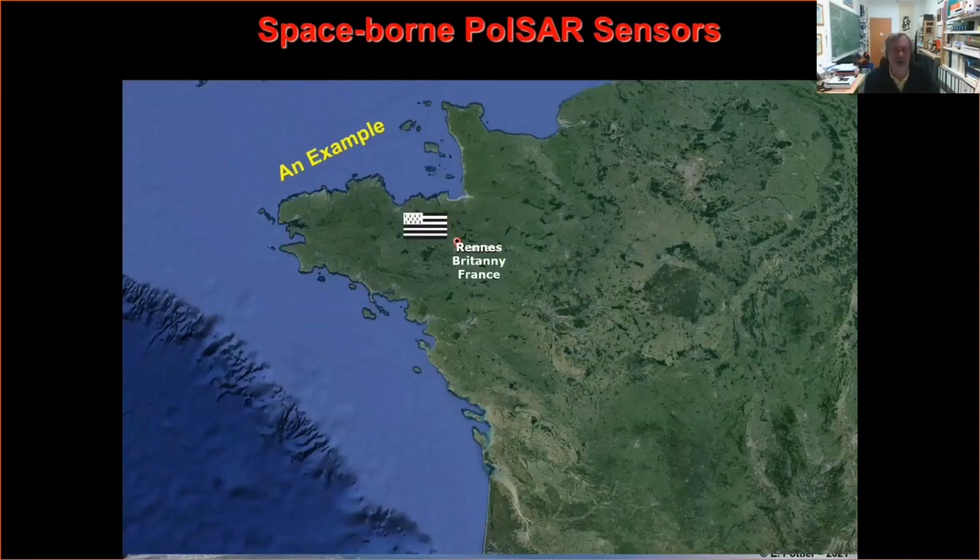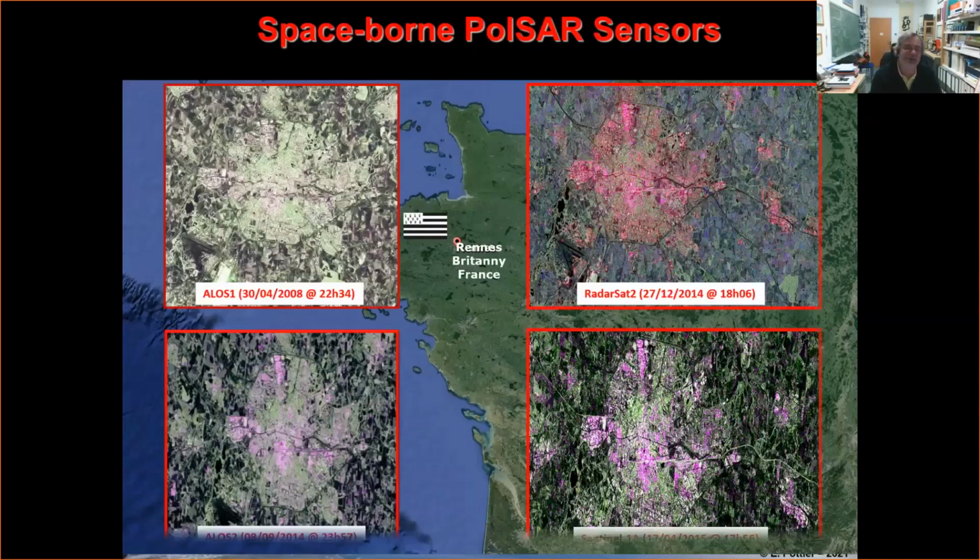So to illustrate what I presented to you, if I take always my area, this is what I introduced to you at the beginning during the introduction. This is a fully polarimetric SAR image of my home city using the ALOS-1 system, the ALOS-2 system, the RadarSat-2 system, and Sentinel-1. These four images correspond to a false color Pauli image.